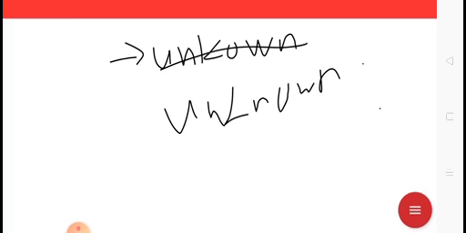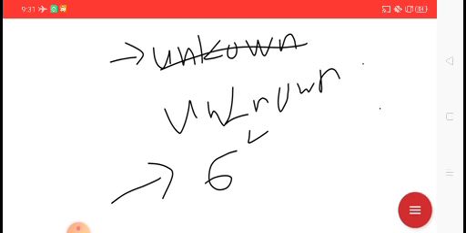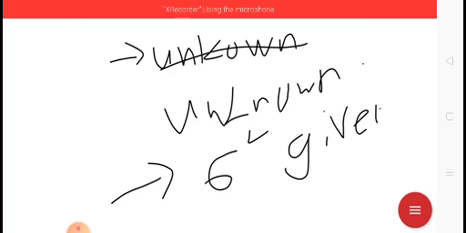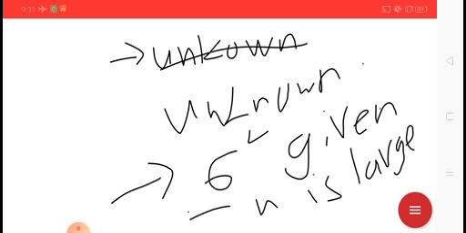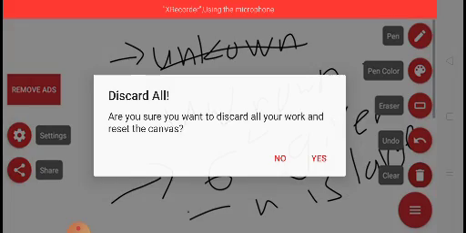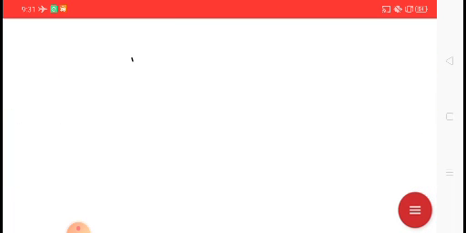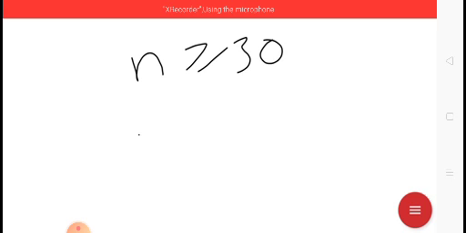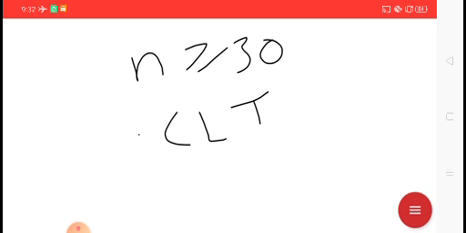And the population variance is given, and the last one will be n is large, right? So when n is large, we can apply CLT to do this question.